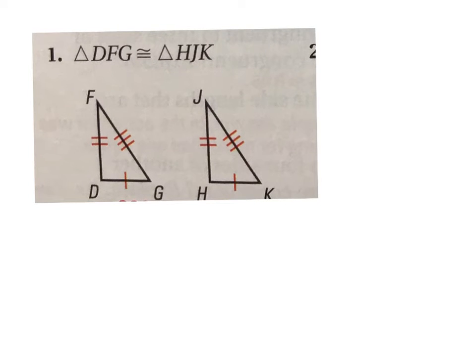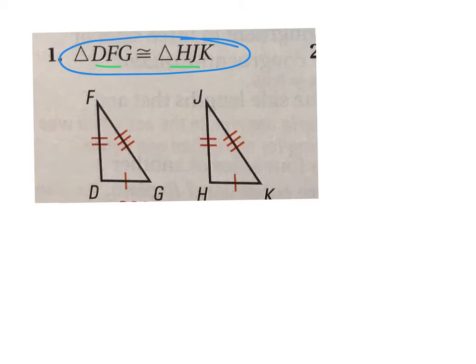Decide whether the congruent statement is true and then explain, which just means give me a reasoning, postulate or no postulate. So looking at the statement right here at the top, triangle DFG is congruent to HJK. Whenever you read it, the first thing you do is make sure that they're written in the same order. DFG, HJK. Okay, good, written in the same order. So automatically you're good to keep going.